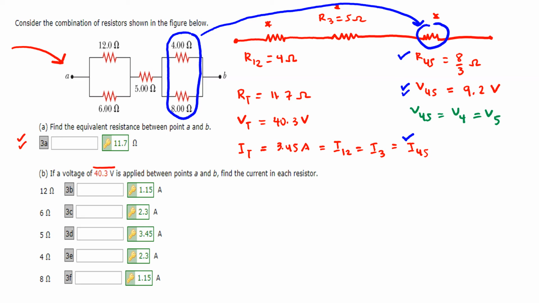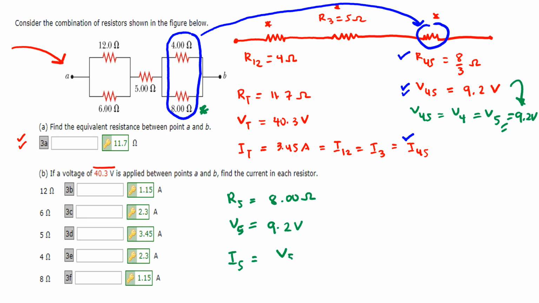Then we could solve for the current through the fifth resistor, which is this resistor over here. How do we do that? We have R5, which is equal to 8 ohms. We also have voltage 5, which is equal to 9.2 volts. Then we can solve for the current through the fifth resistor by using Ohm's law.